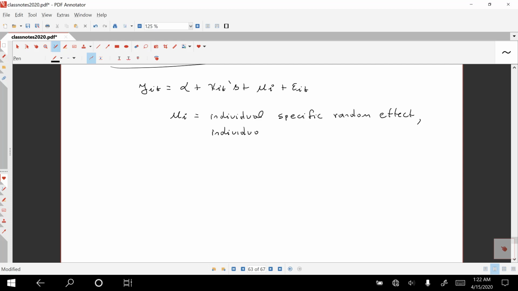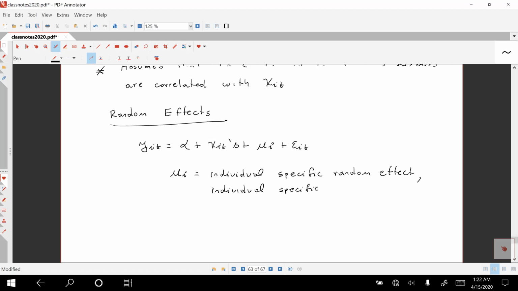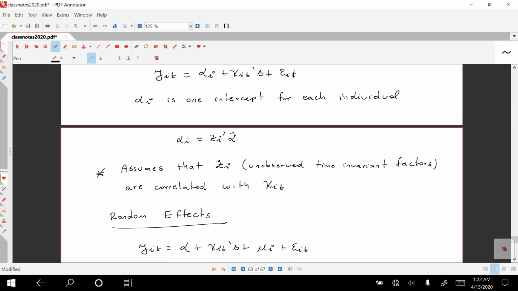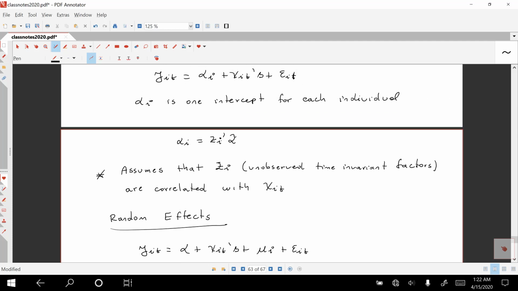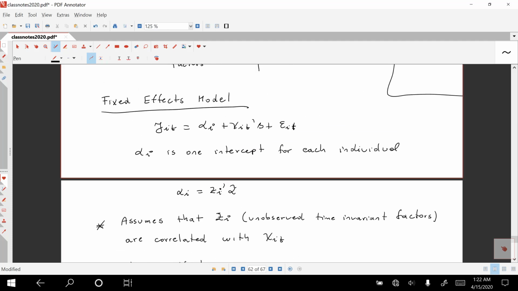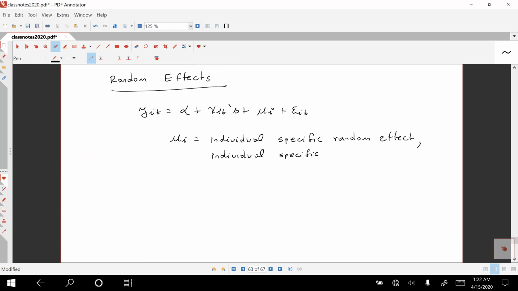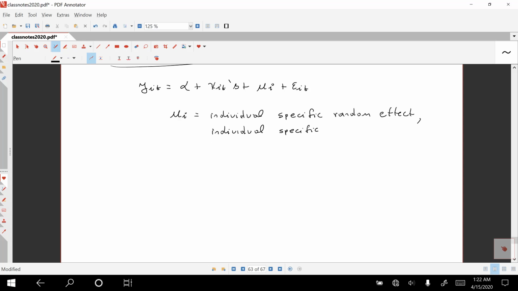That's a different way to think about heterogeneity. Before, we were modeling this heterogeneity through the intercept in the fixed effects model, and now in the random effects model, we model it through an additional error term that is unique to each individual.